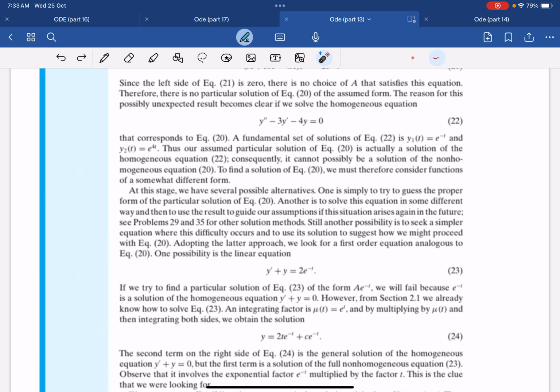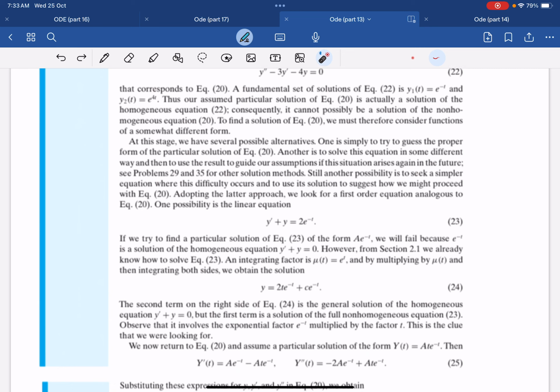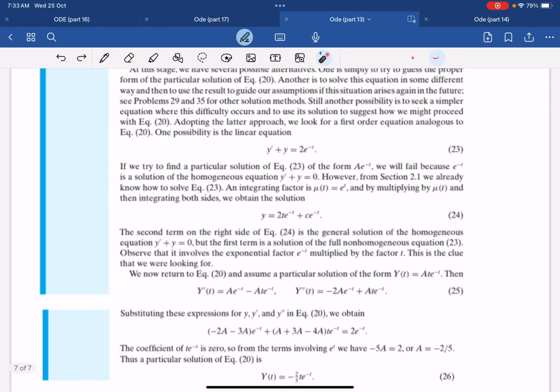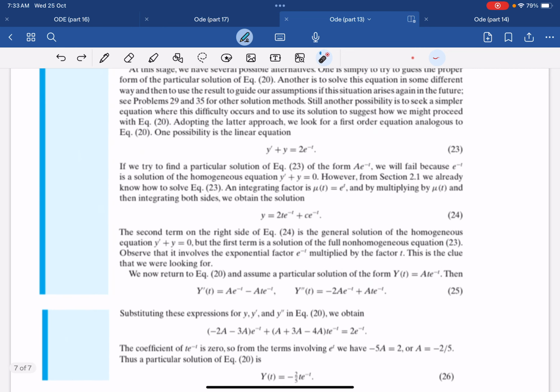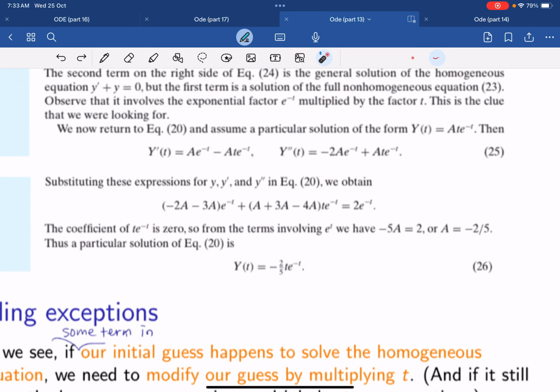In this case, we just need to take e^(-t) and multiply by a factor of t. So you multiply by t, then you differentiate and check again. And in this case, we actually see that it works. So the particular solution will be minus 2 over 5 t e^(-t).